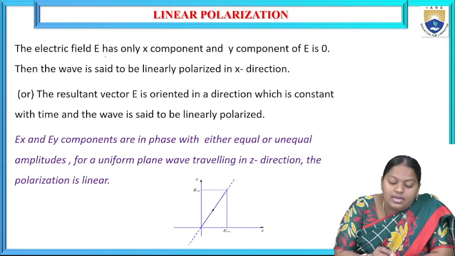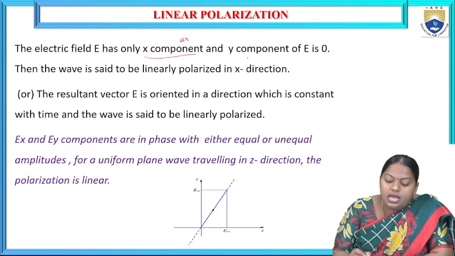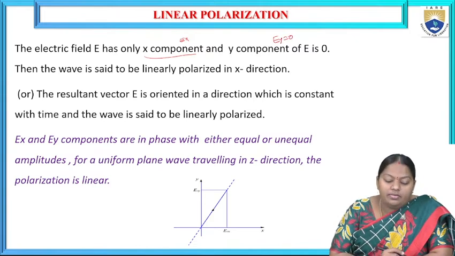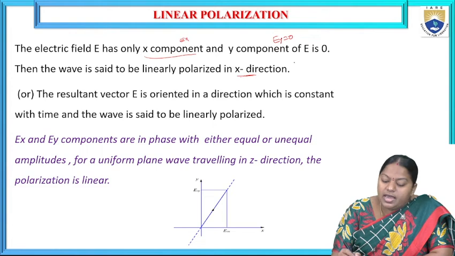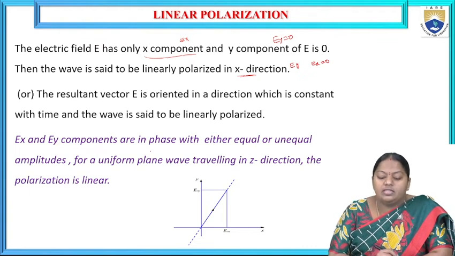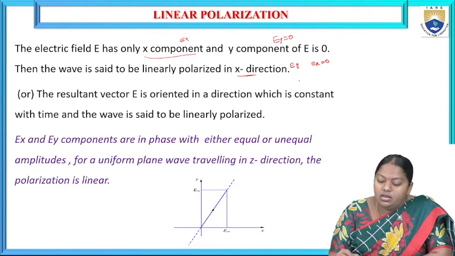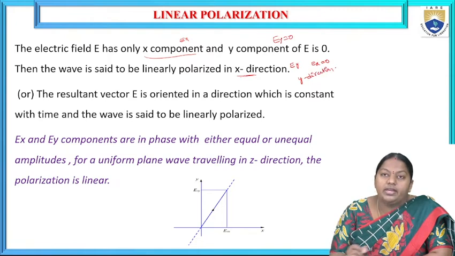So the electric field E has only X component, Ex component only, and Y component of that will be equal to 0. Then the wave is said to be linearly polarized in which direction? X direction, right? Suppose the electric field E has only Y component and the X component of that is equal to 0, then the wave is said to be linearly polarized in Y direction.